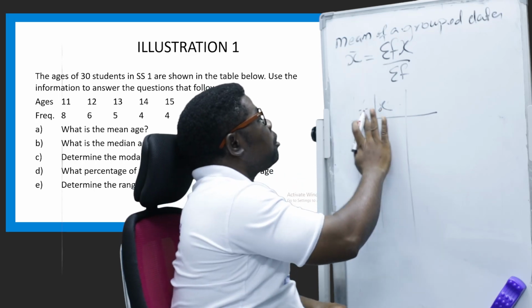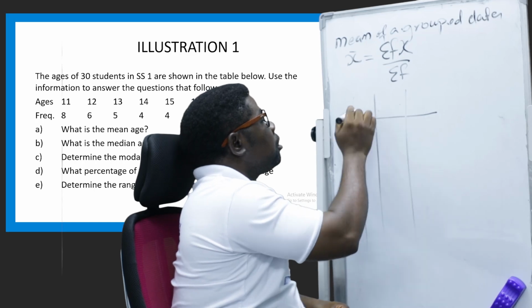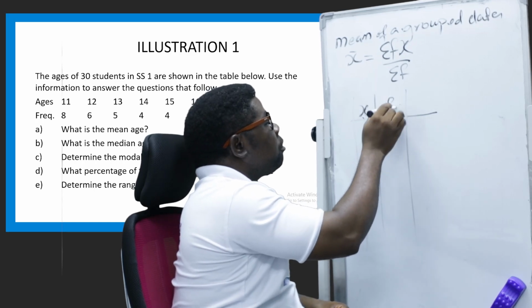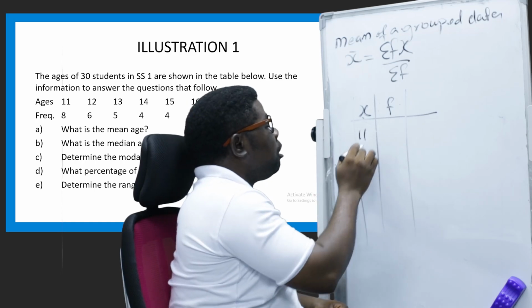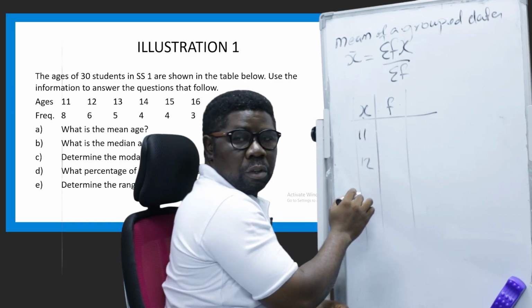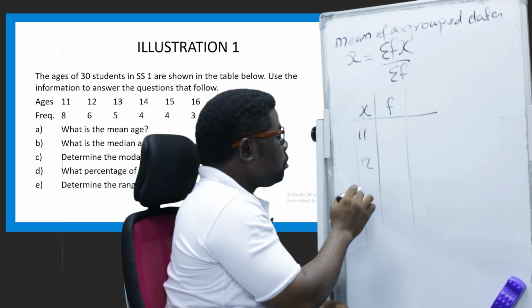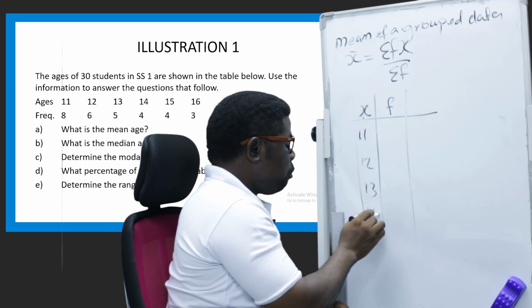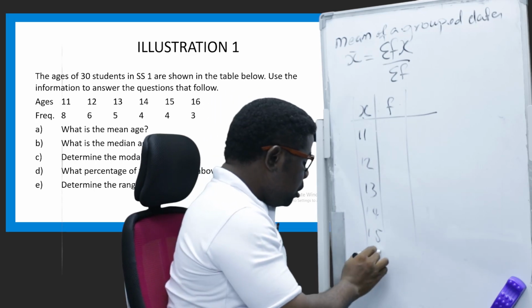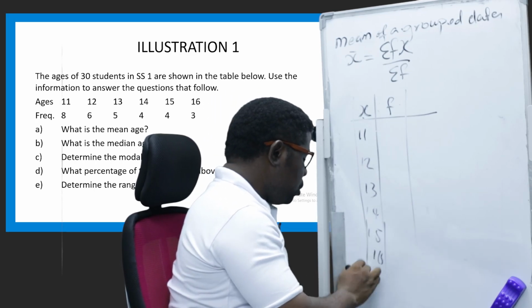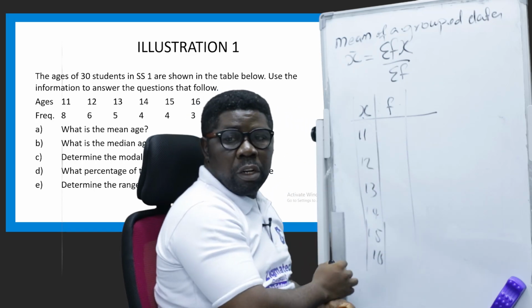Let's start with our x and then frequency. Our x will be 11, 12, 13, 14, 15, and 16.